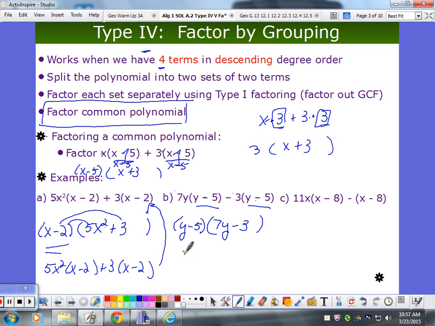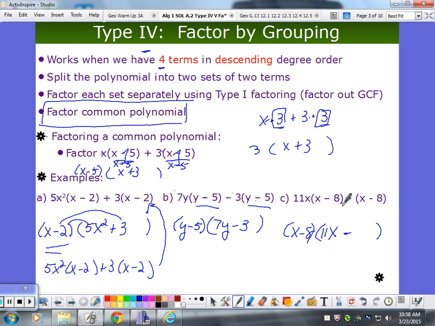This is on our way to type 4. It's not type 4 yet. Let's try it again. Look at C. And what's our common polynomial? Okay, now let's be careful. When we reverse distribute, x minus 8 times what got me here?